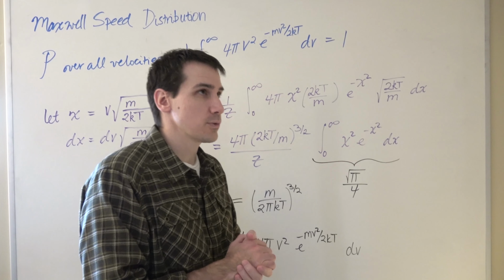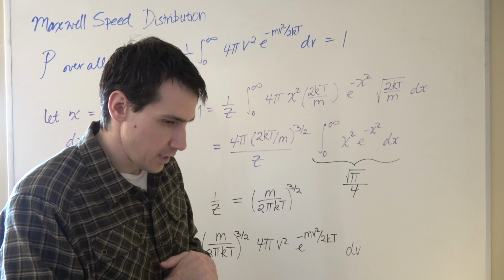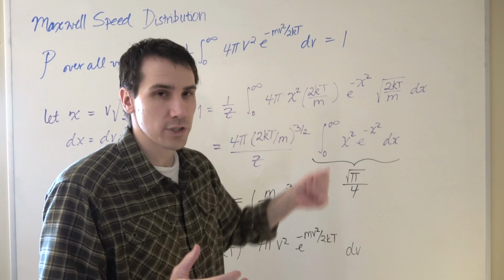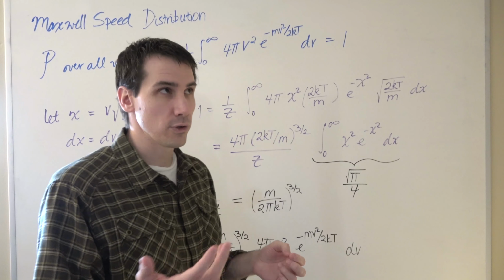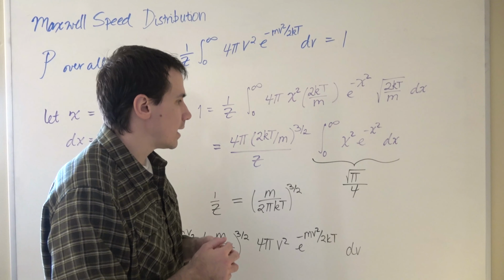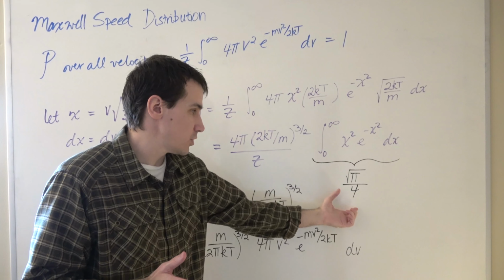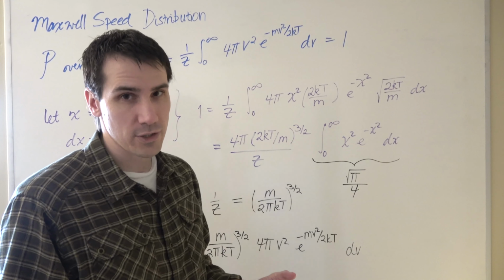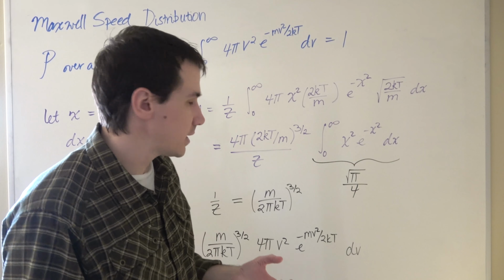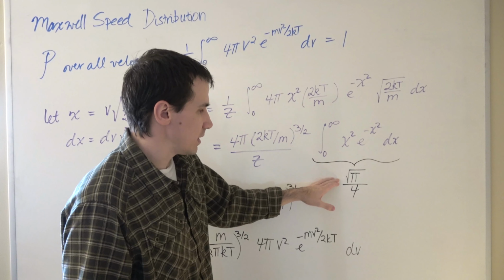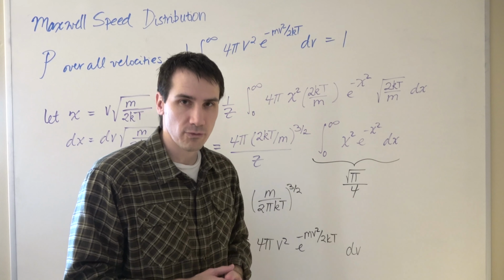For arbitrary limits of integration, we can't actually come up with a closed form for this. But in the specific case from 0 to infinity, we can actually show, and Schroeder does show in the back of the book in the appendix, that this integral must be given by the square root of pi over 4.